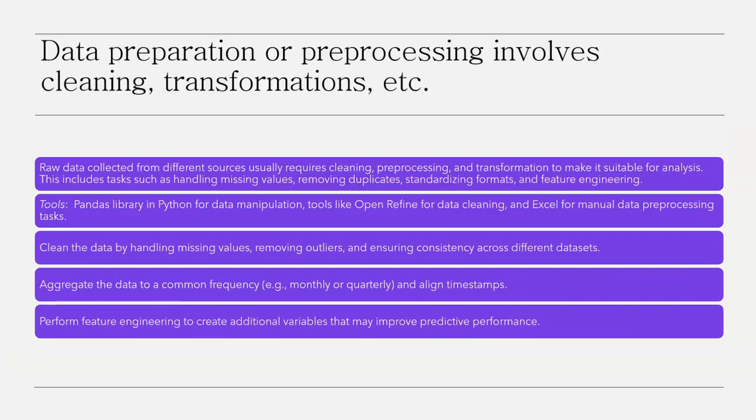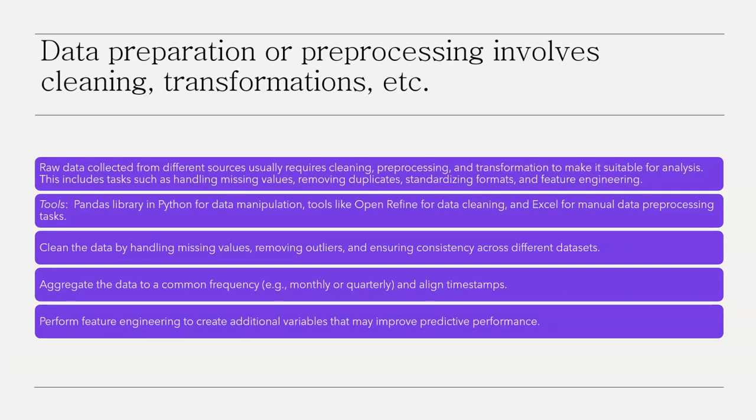Next, coming to the phase that is data preparation. What is data preparation? In simpler terms, we have to prepare the data before applying our model, because models cannot be applied to raw data. The data collected from different sources contains some noise, missing values and outliers.